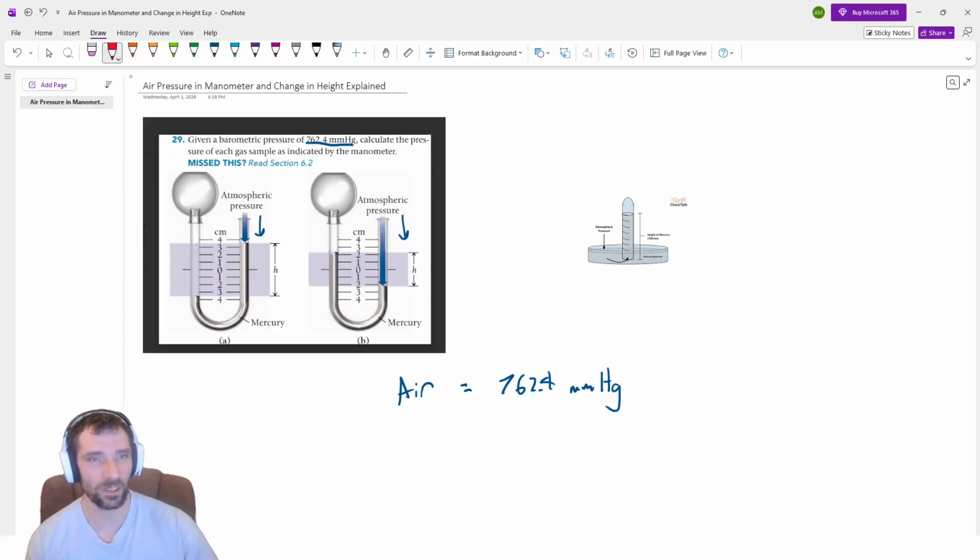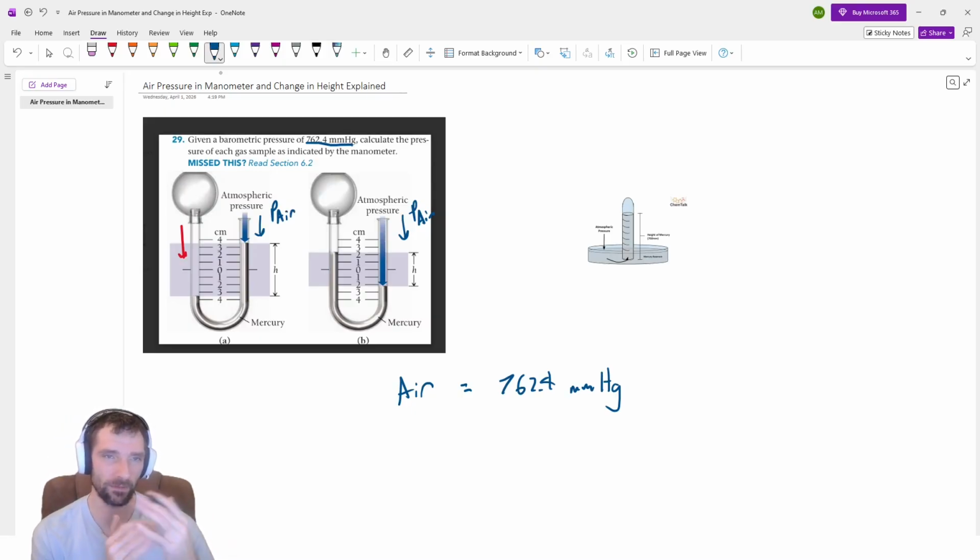So in situation A, it's actually pushing down with more pressure. So this pressure of the air, I'm going to call that P air, is a little bit less than how much pressure is inside of that. So it's going to be more than the 760 number.